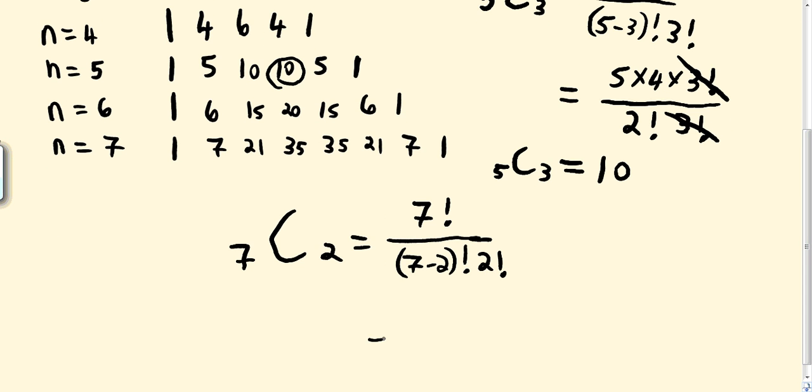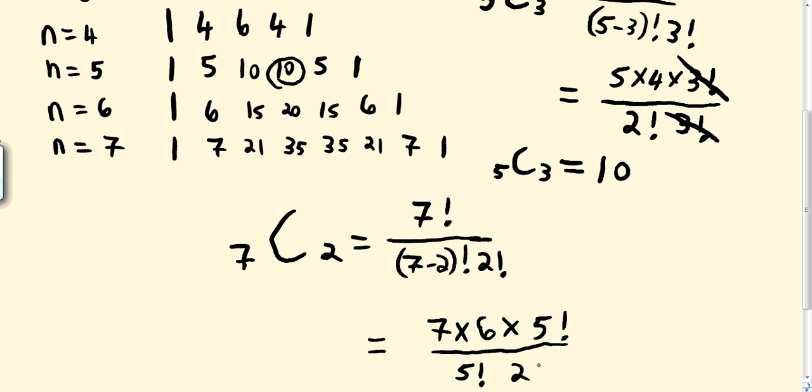We're going to get 7 factorial, which is 7 times 6 times 5 factorial. I stop at 5 factorial because 7 minus 2 is 5, and I have a 5 factorial in the denominator. Over here, I'll have 5 factorial times 2 factorial for the denominator, and just like I predicted, the 5 factorial cancels the 5 factorial, and we get 7 times 6 over 2 times 1, which is 2 factorial, right?